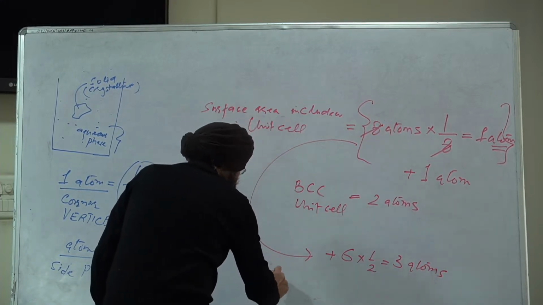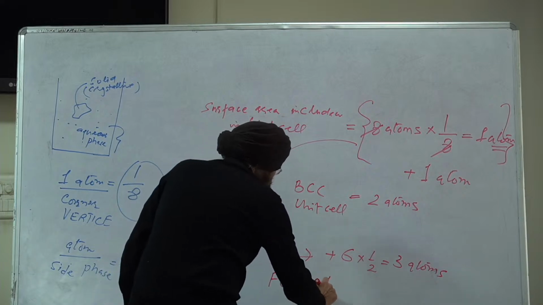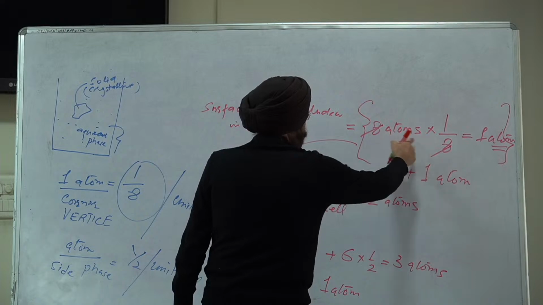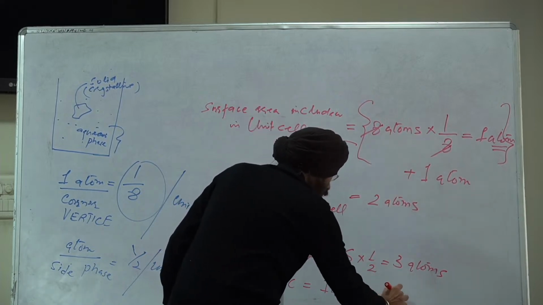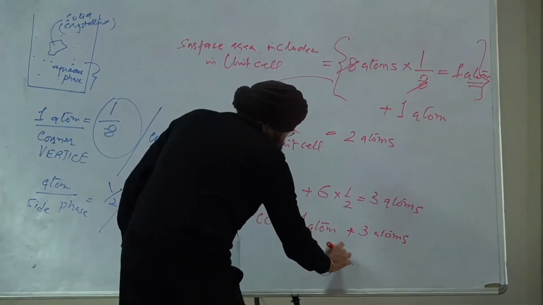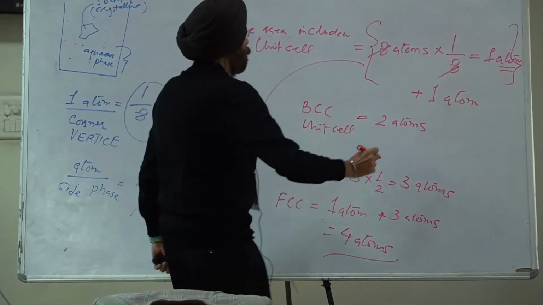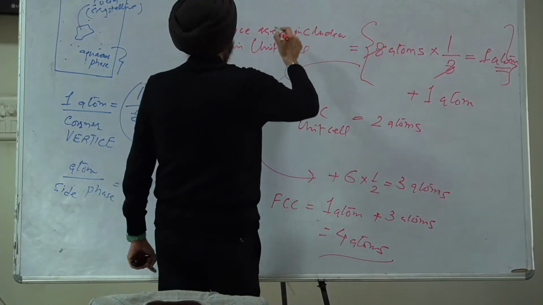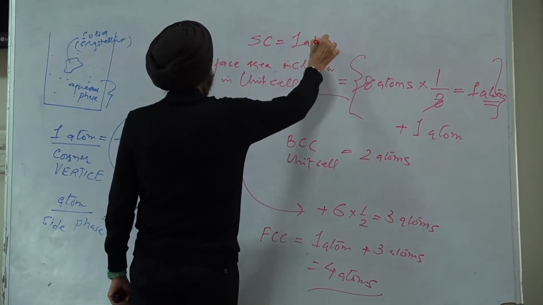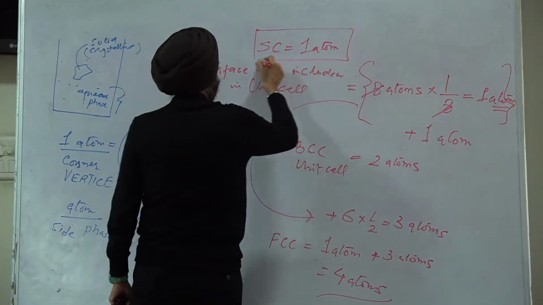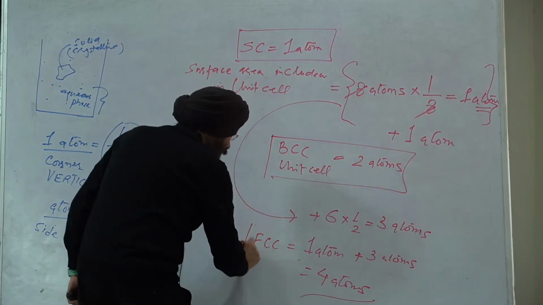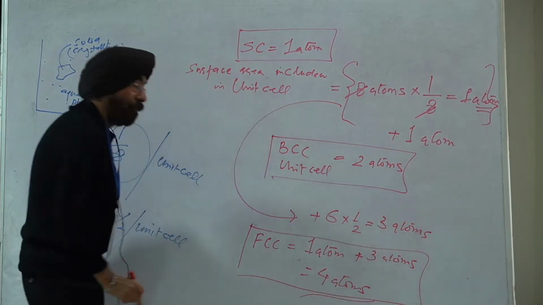So for face-centered cubic, 1 atom from the 8 corners at 1/8 part each, plus 3 atoms, total is 4 atoms. So 1 atom for the simple cube, 2 atoms for the body-centered cube, and 4 atoms for the face-centered cube.